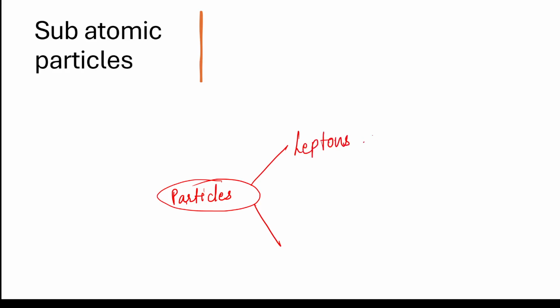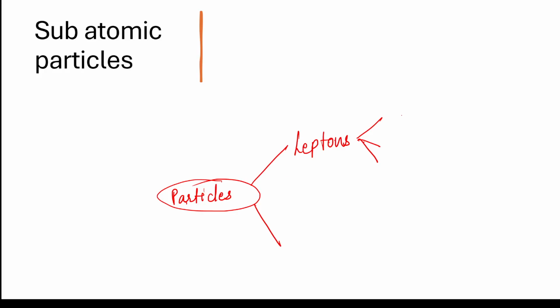If I just go through what we did in the last video, particles can be categorized into leptons. Leptons are fundamental particles because they cannot be further broken down into other particles.